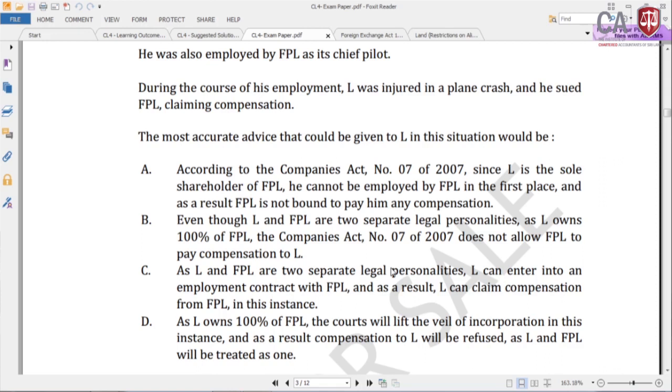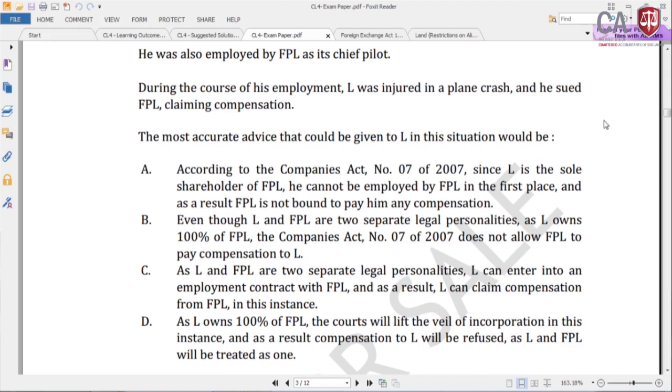Second, even though Larry and FPL are two separate legal personalities, as Larry owns 100% of FPL, the Companies Act 7 of 2007 does not allow FPL to pay compensation to Larry. That's also wrong. As Larry and FPL are two separate legal personalities, Larry can enter into an employment contract with FPL, and as a result, Larry can claim compensation from FPL in this instance.